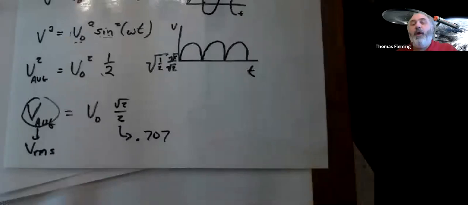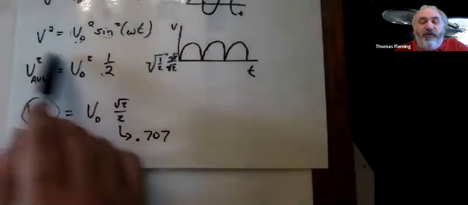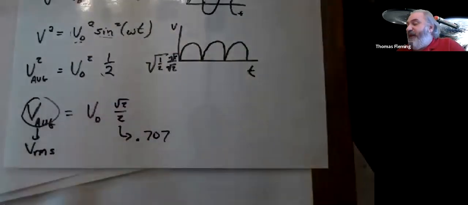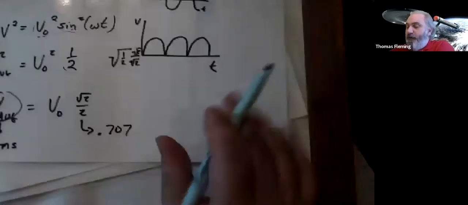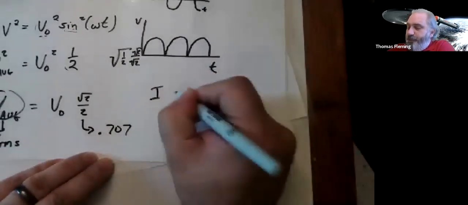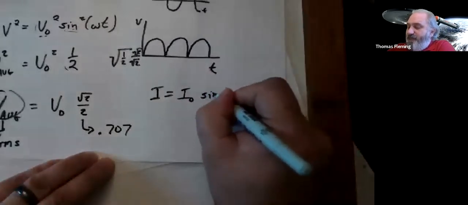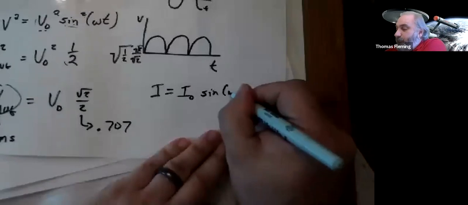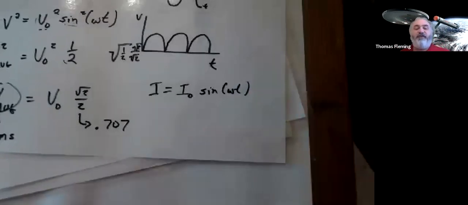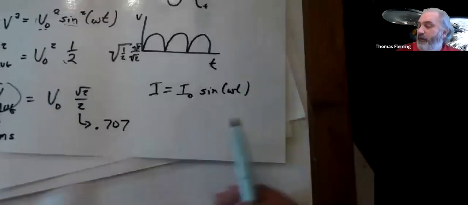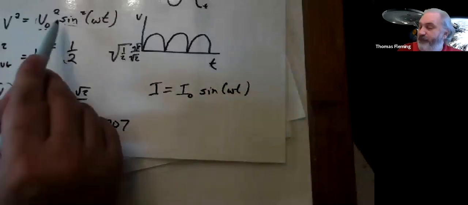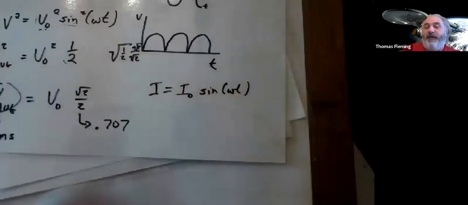And of course, we could do that for voltage, but we can also do that for other things. In an AC circuit, the current will also change with time, right? The current will have a similar mathematical relationship, so that when the voltage is big and positive, the current will also tend to be big and positive.